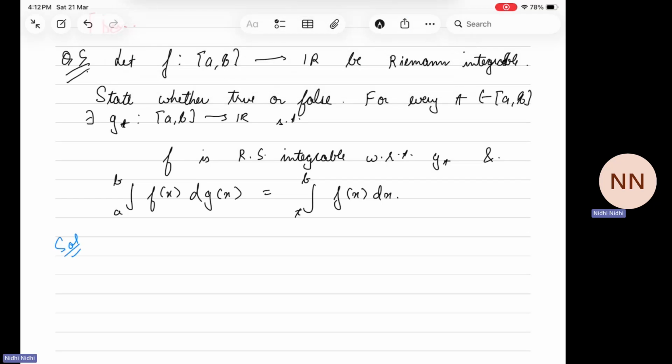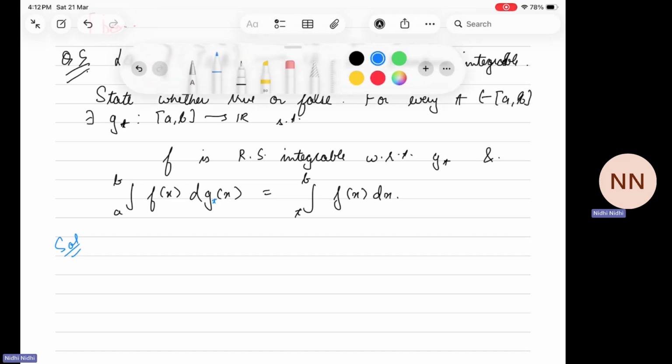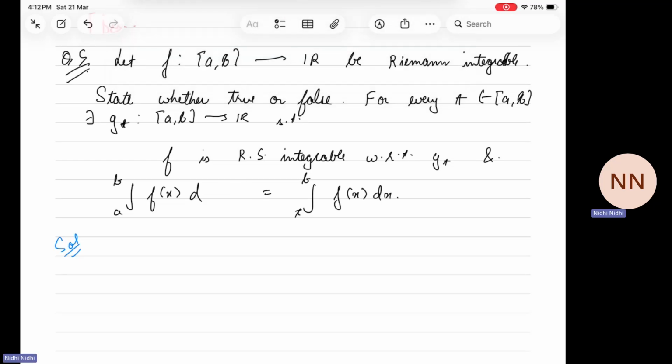So basically we'll give an example of a function g that depends on t somehow, such that f is Riemann-Stieltjes integrable with respect to g_t, and its integral is given to be the integral over t to b.